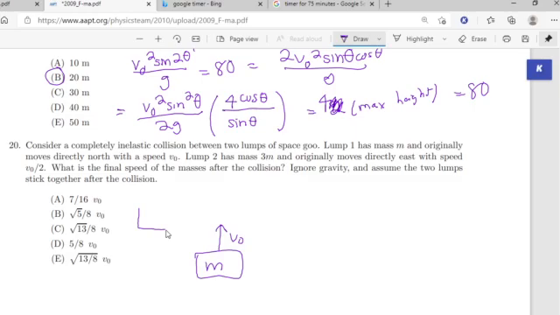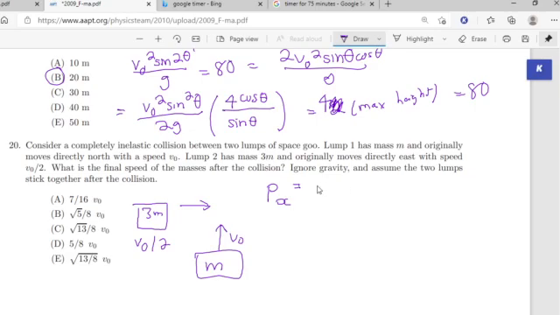So, then this is 3m v naught over 2. Okay, so then, first, I guess let's look at, oh wait, and it's moving east at v naught over 2. Okay, so I guess first let's look at the horizontal stuff.